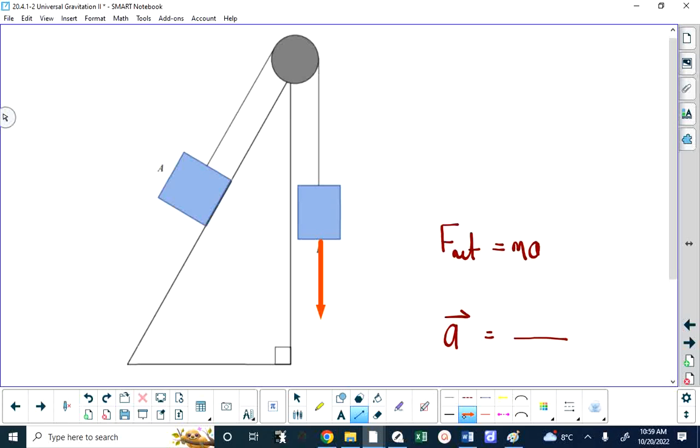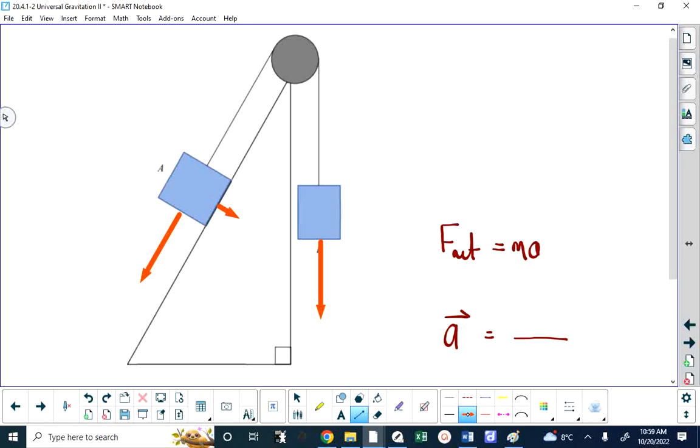What I want to do instead, I mean, you might be asked to draw it someplace in your assignment, is understand that there will be a force due to gravity that is parallel to the ramp and a force due to gravity that is perpendicular to the ramp. And I really hope you can all appreciate that the perpendicular component is going to be quite small because of how steep this is. Are you clear on that?